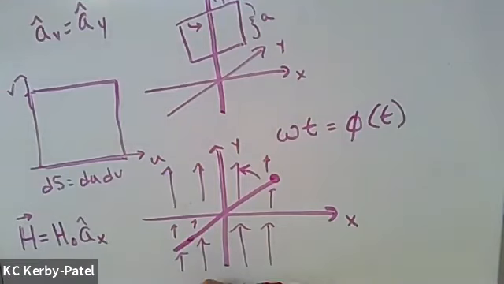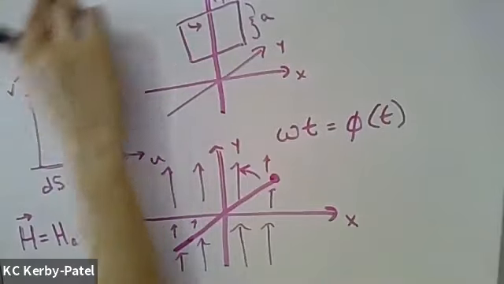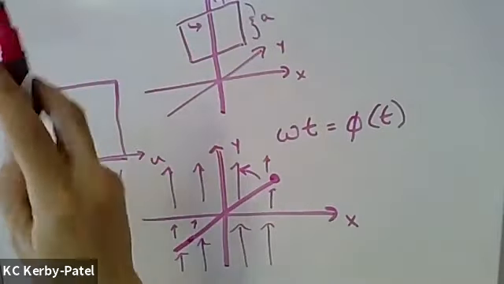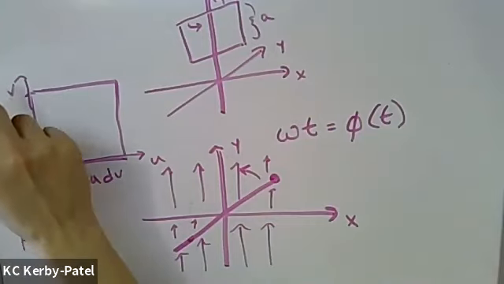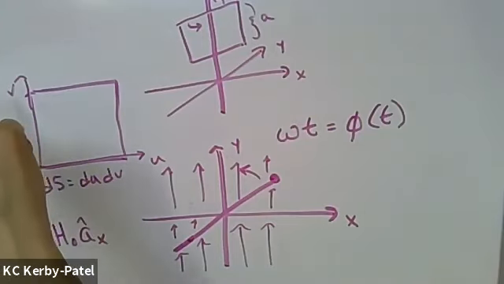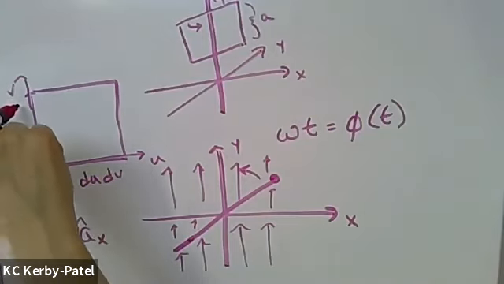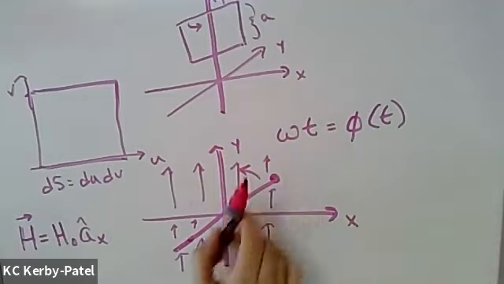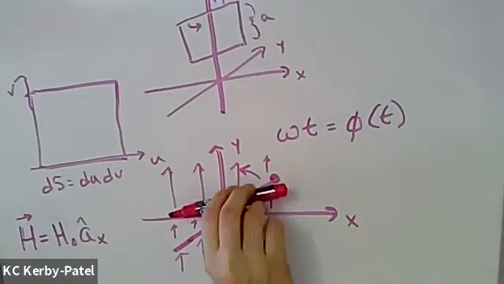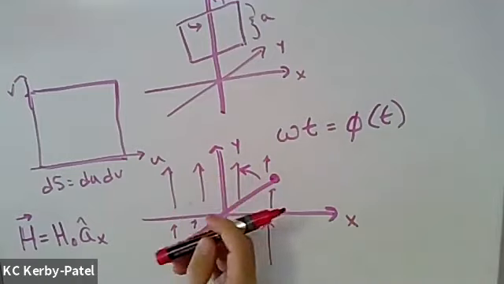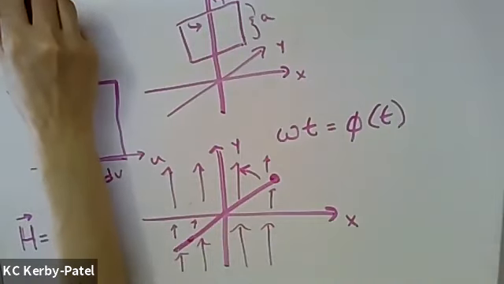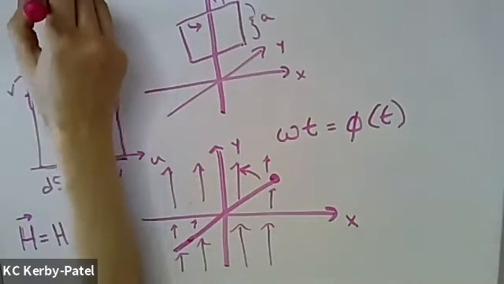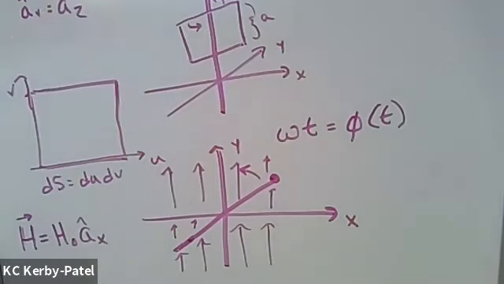Is that true? No. V is z actually, not y. I was wrong. So v is coming out of the board, and u is going to change direction as the loop turns. All right. So a hat v equals a hat z.